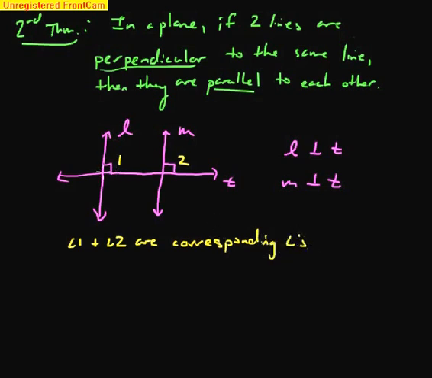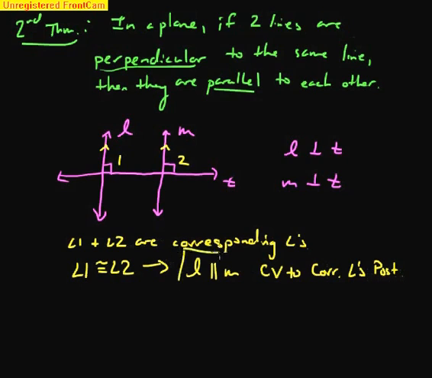And they both have a measure of 90 degrees, which means if they have the same measure, then they are congruent. And if they are congruent, we can say that the lines L and M are parallel. That would be by the converse to corresponding angles postulate.